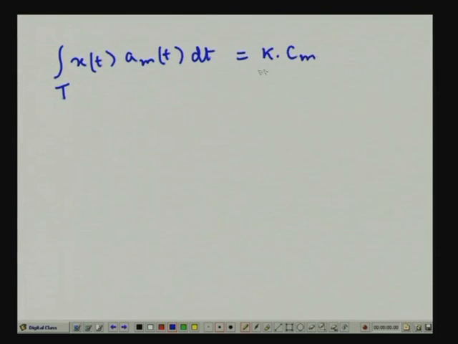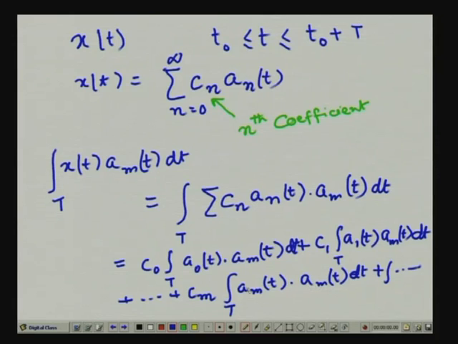So, by using that formula of orthogonality, the integral of x(t) into a_m(t) dt over capital T will be simply equal to the constant k times C_m, because all the other terms on the right hand side will be equal to 0; only for the term a_m(t) into a_m(t) dt the value will be equal to k.